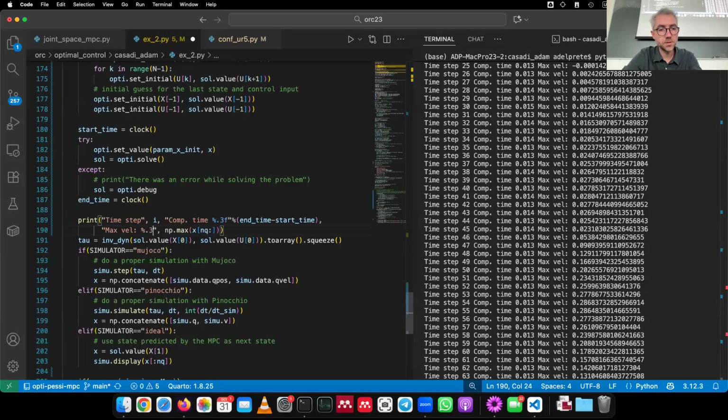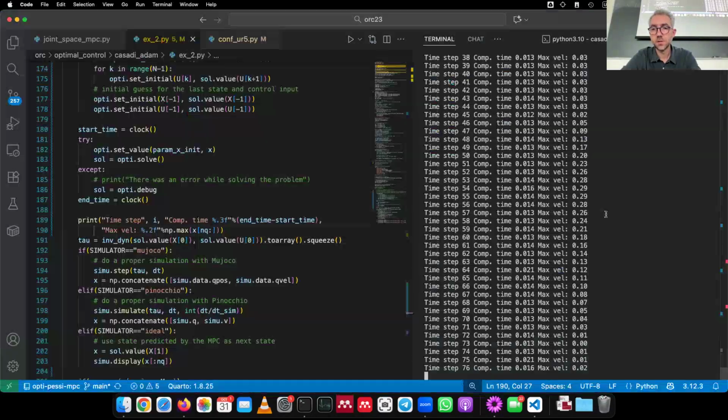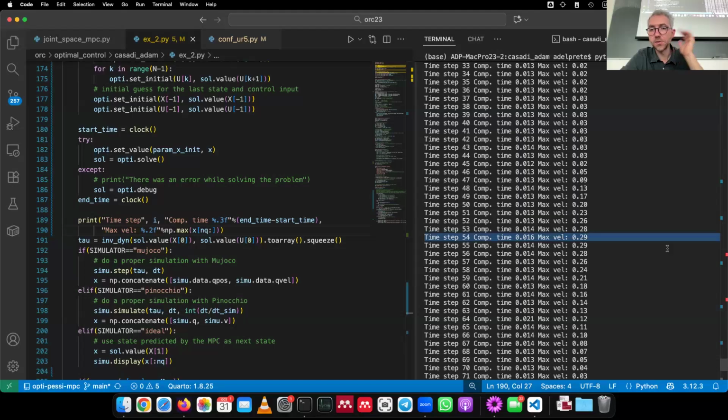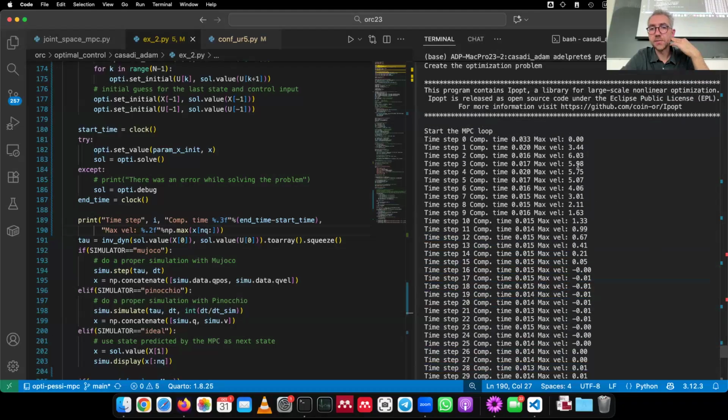Let me redo it. So it's a bit easier to read. The maximum velocity is reached roughly here, and that's 0.3. Oh no, we have way higher velocities here, which is 6.